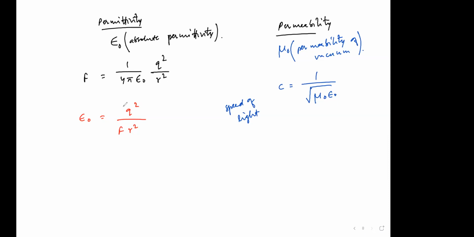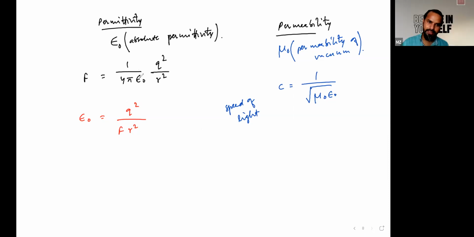How did you arrange it? Since epsilon naught is in the denominator, on bringing it to the other side, it will move to the numerator. And f is in the numerator, so on going to the other side, it will move to the denominator. And 4 pi is nothing but a constant number, so we can neglect it.